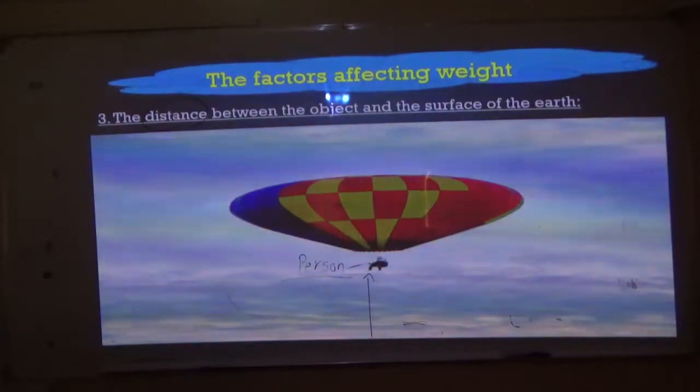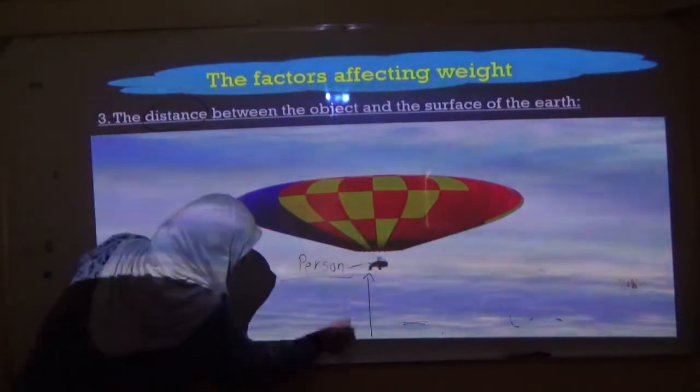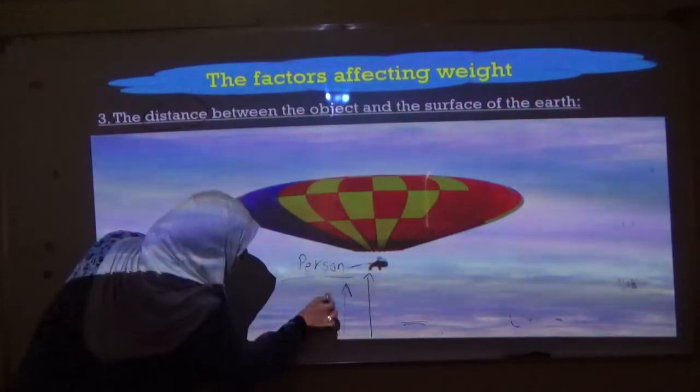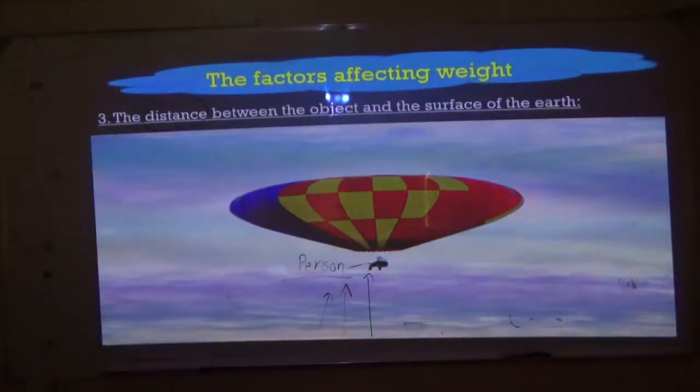So we say that as we move away from the surface of the Earth, the gravitational force, or the ability of the Earth to attract our bodies, will decrease. A person in a flying balloon is moving away from the surface of the Earth.